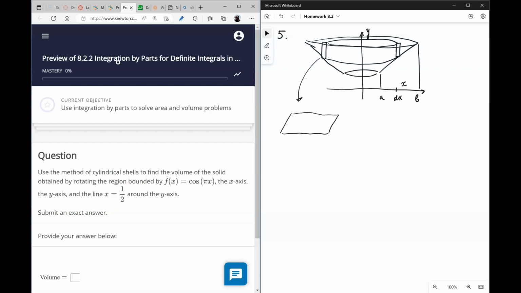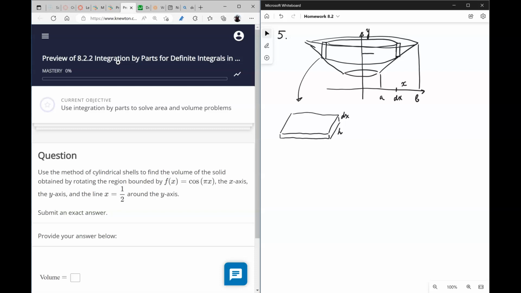three-dimensional plate, and now the width of the plate is dx. The height of the plate is determined by the parameters of the function, and the width of the plate is the circumference of this rotation.